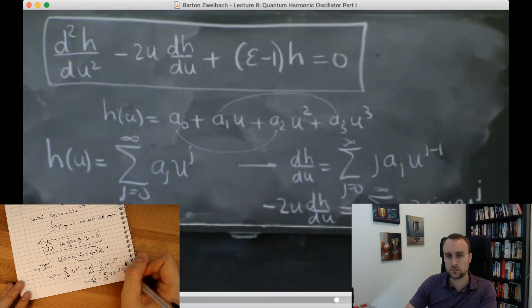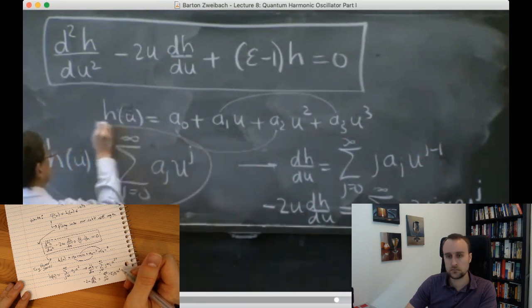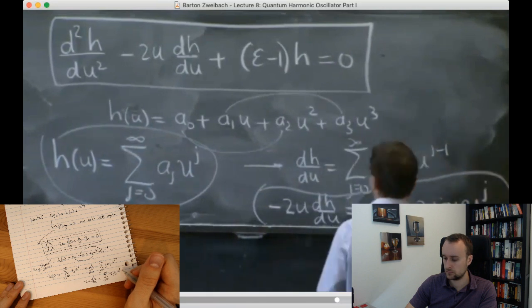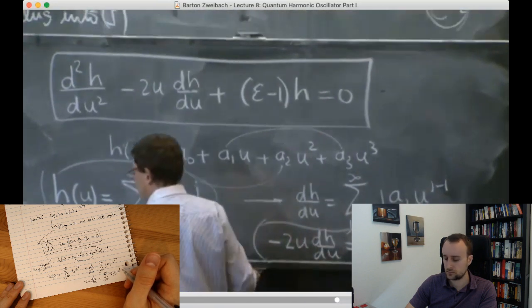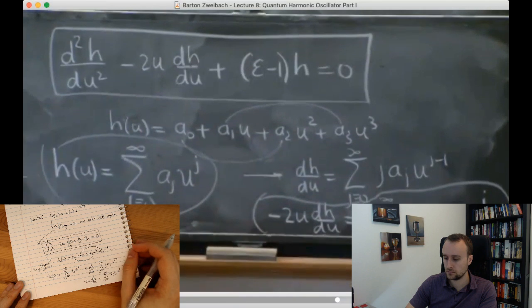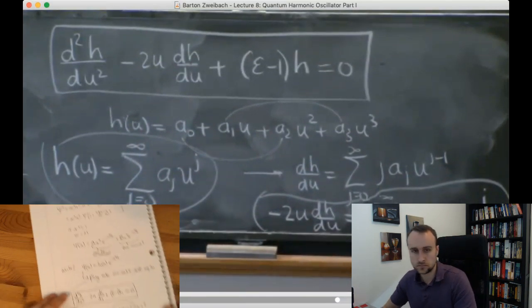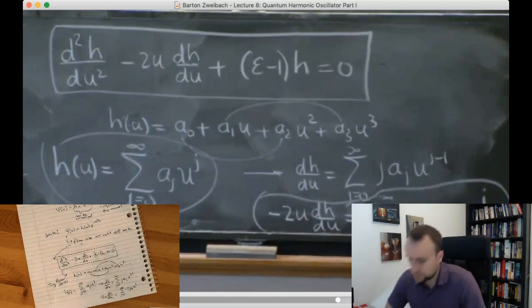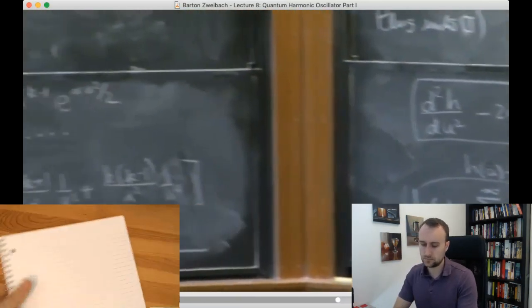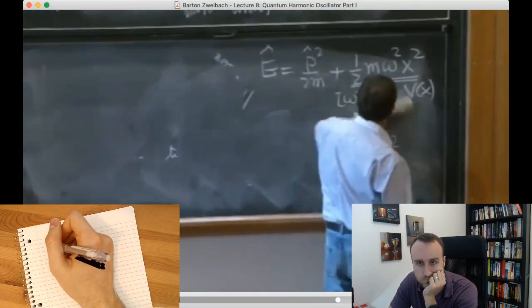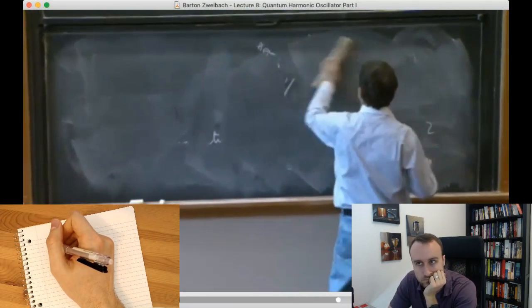So here is so far h, and here is this other term that we're going to need for the differential equation. And then there's the last term that we're going to need for the differential equation. So what do we get for this last term? We'll have to take a second derivative.